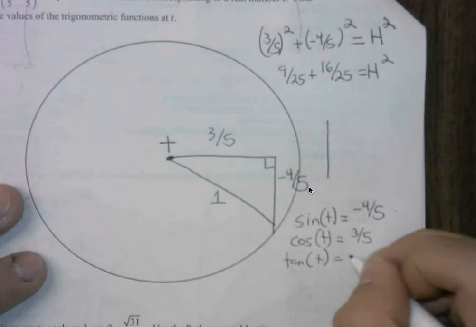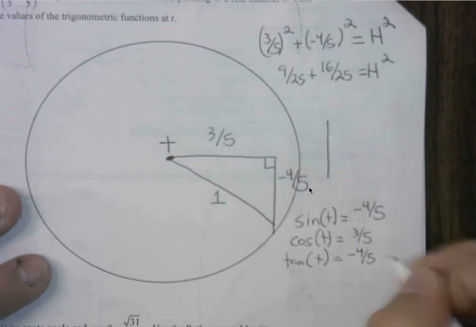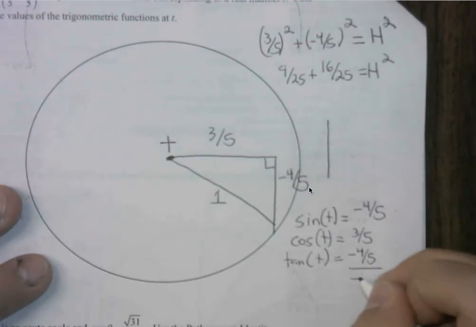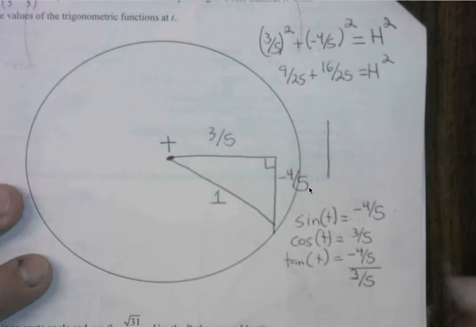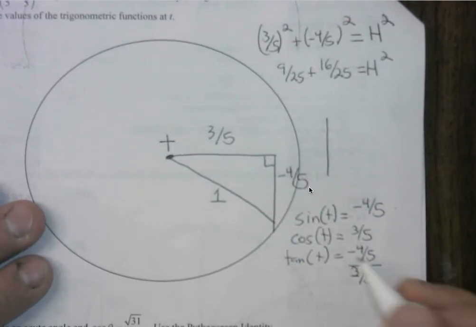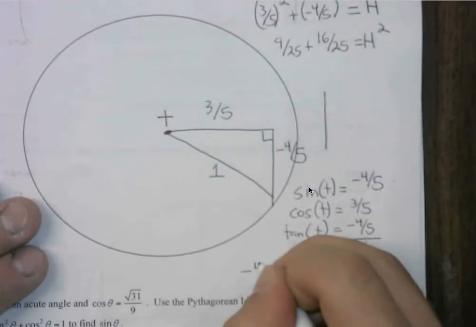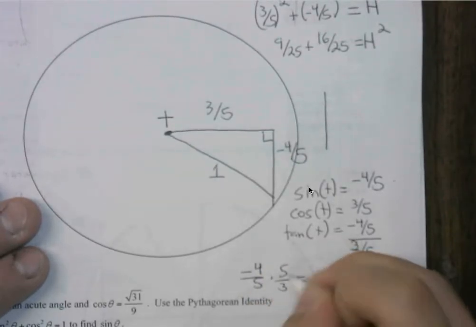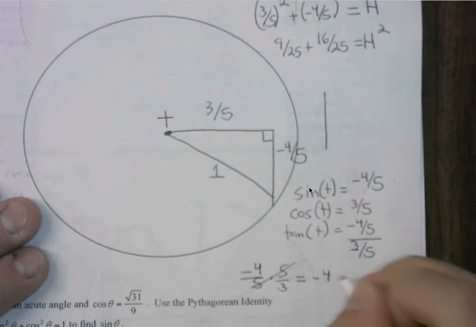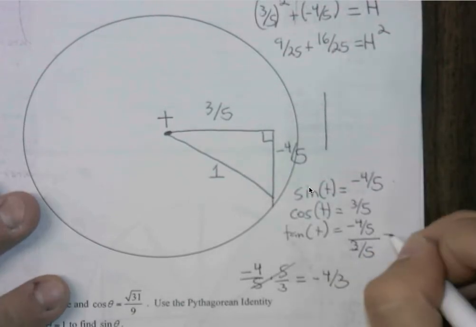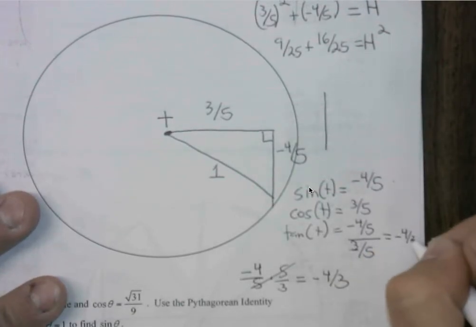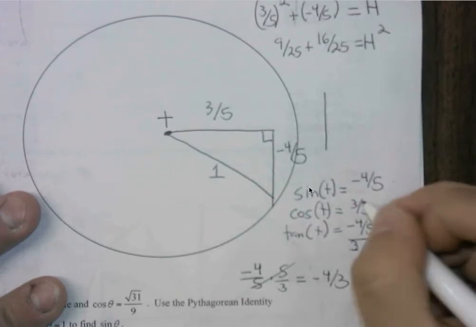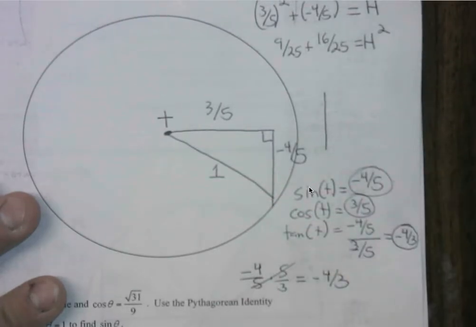So opposite is negative 4/5, and we're dividing that with 3/5. If we rewrite this, negative 4/5 times 5 over 3, 5's cancel, this is negative 4/3. So that's for tangent, that's for cosine, that's sine.